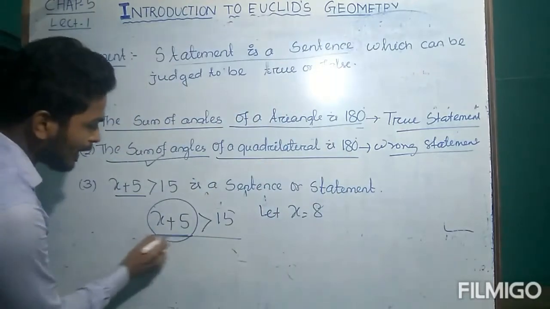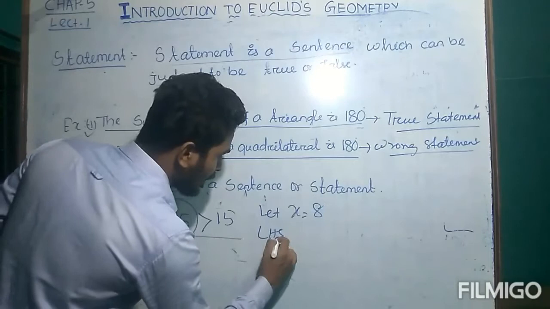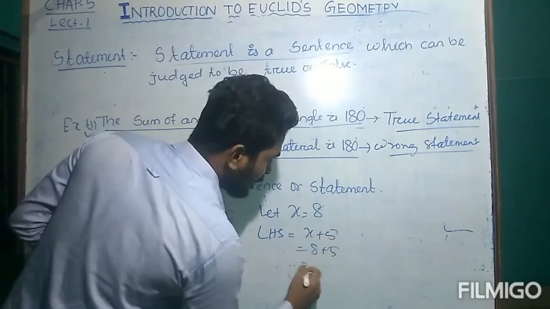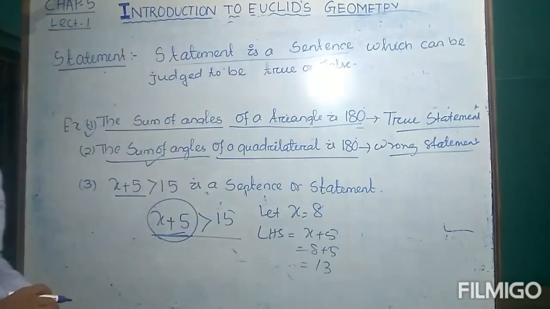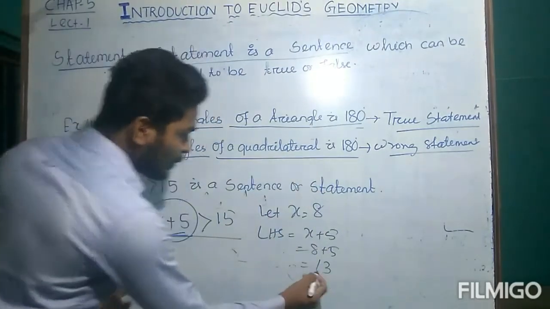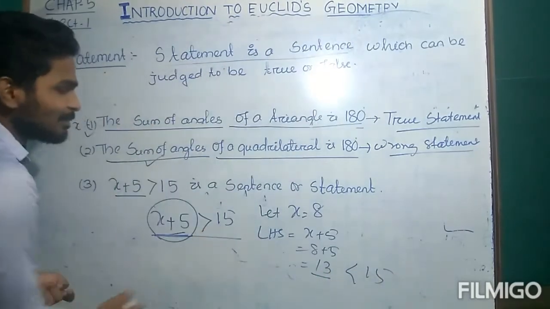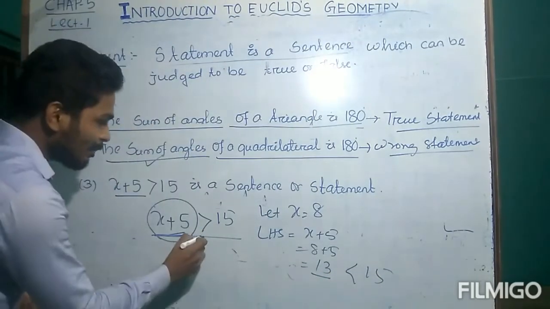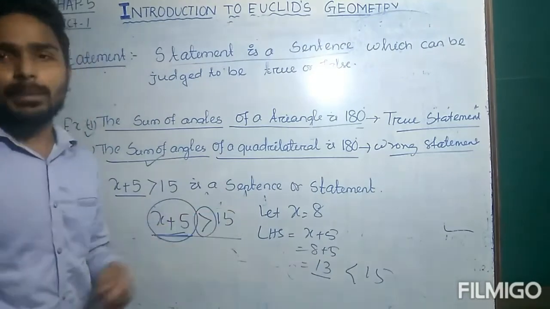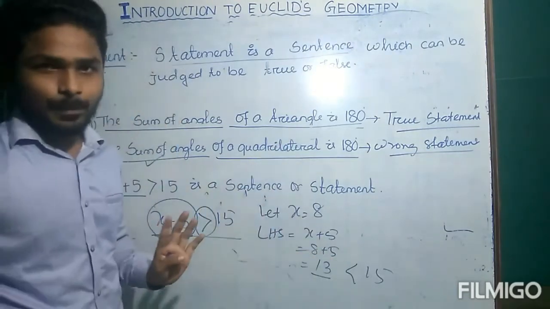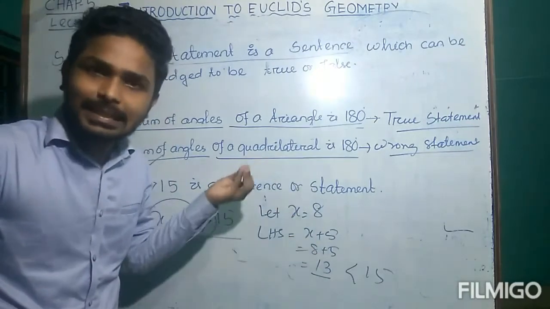Then what will be my left hand side? x plus 5, 8 plus 5, that is 13. And we know 13 is less than 15, but here it is given as greater than 15. So this sentence is wrong here. Though it is wrong, we can say yes, it is a statement.